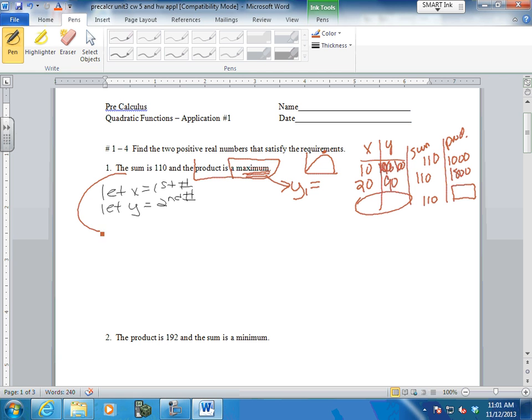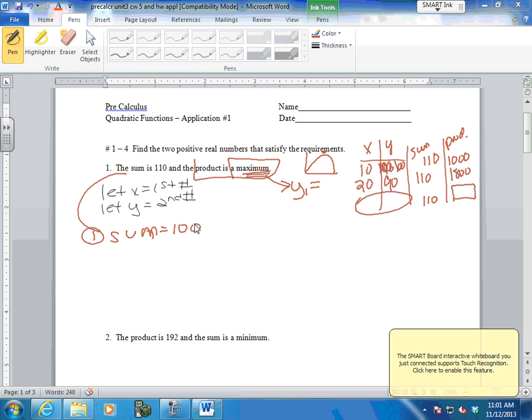So we have two formulas. One is my sum, so as my board comes back on. All right, so your sum is, here we go, 110.